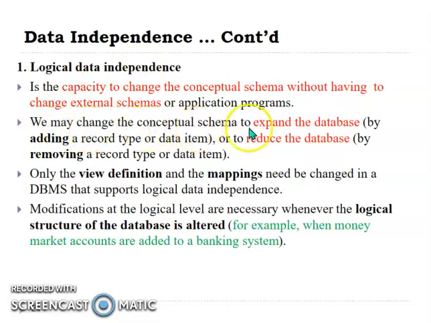We may change the conceptual schema to expand the database, adding records to the table, or to reduce the data stored in the database, meaning removing records. Only the view definition or mapping needs to be changed in a database management system that supports logical data independence.